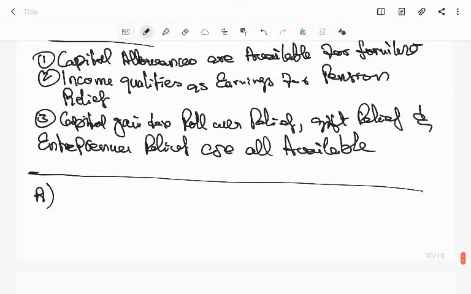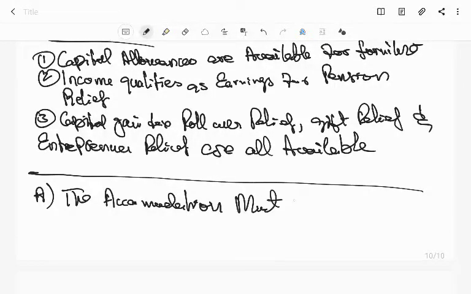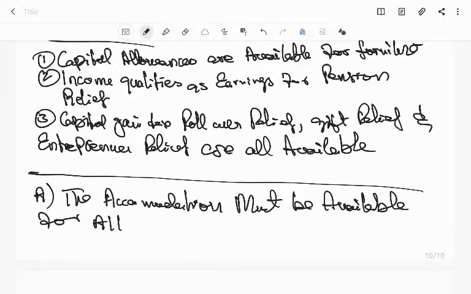The accommodation must be available for at least 210 days in the tax year.